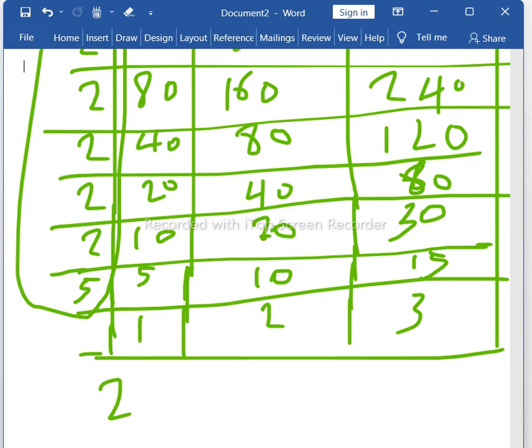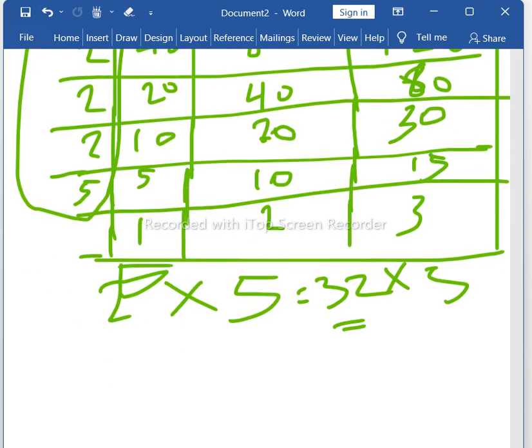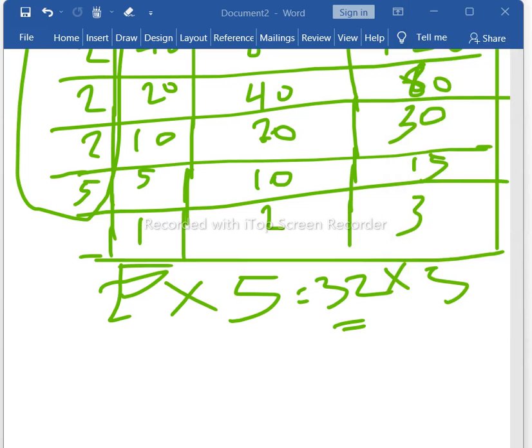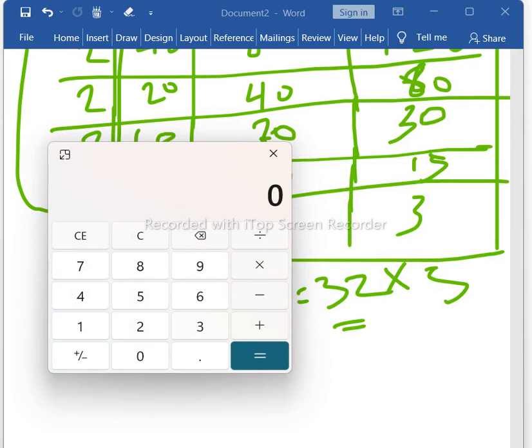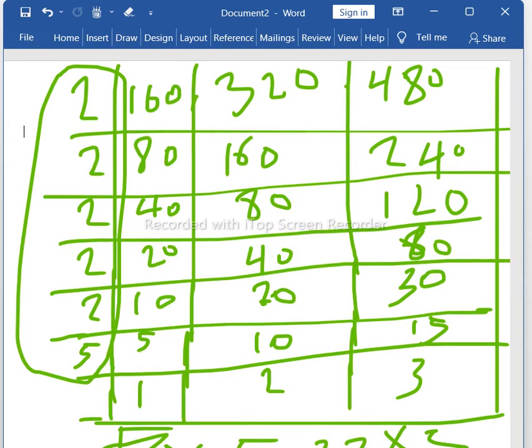So 2 to the power of 5 times 5. 2 to the power of 5 is 32. 32 times 5 is equal to... let us use a calculator. 32 times 5 is 160. 160 is the greatest common factor for these three numbers.